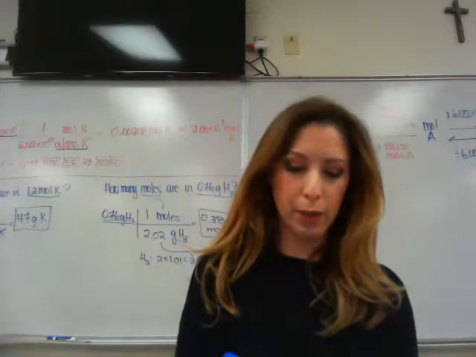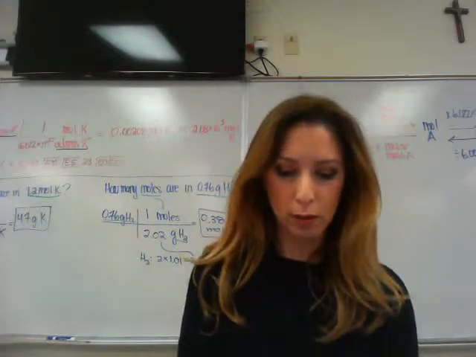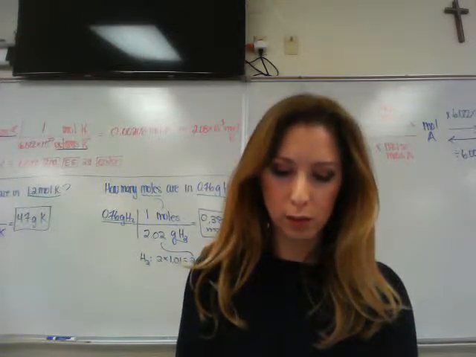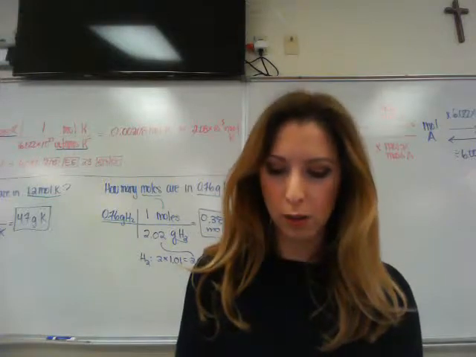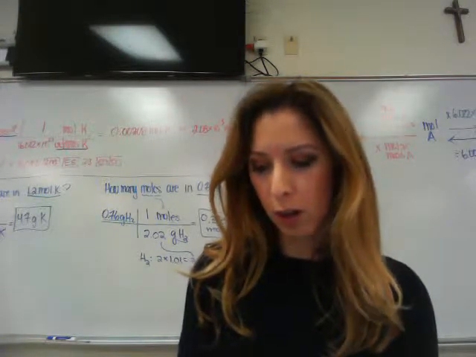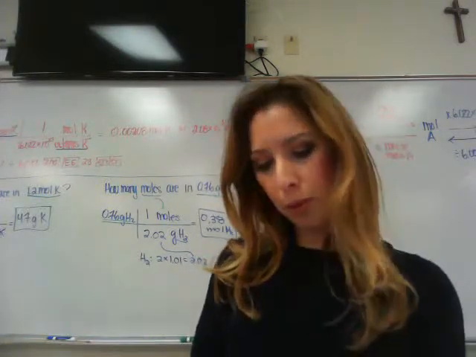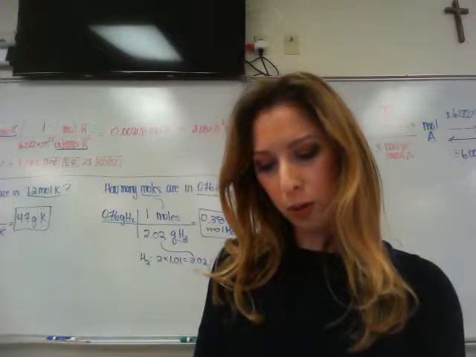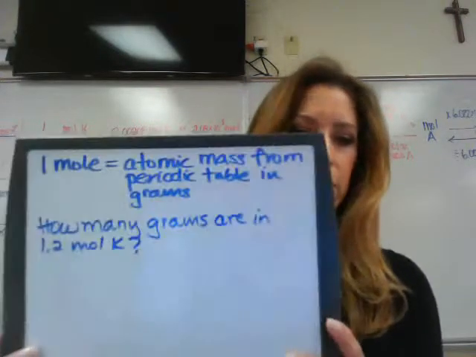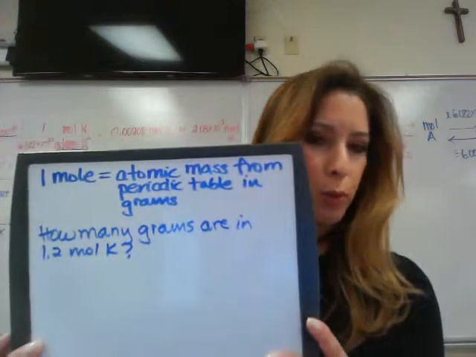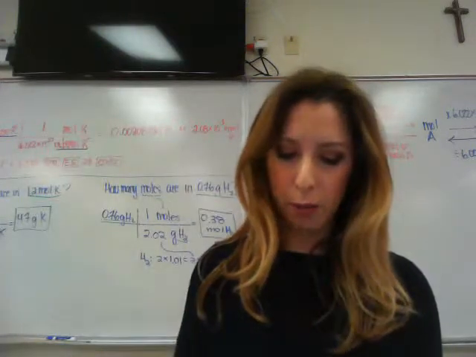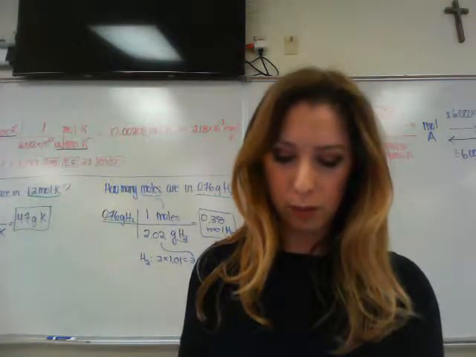Okay, so first we're going to do: how many grams are in 1.2 moles of potassium? So you're going to put 1.2 moles of potassium in the upper left-hand corner, like this.